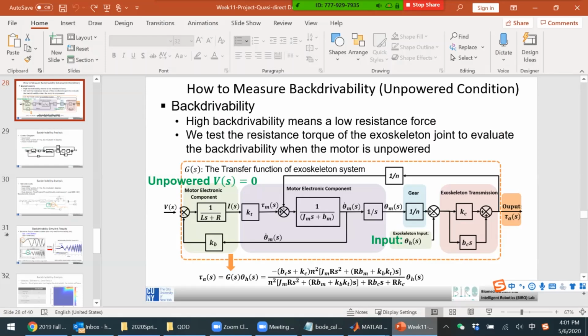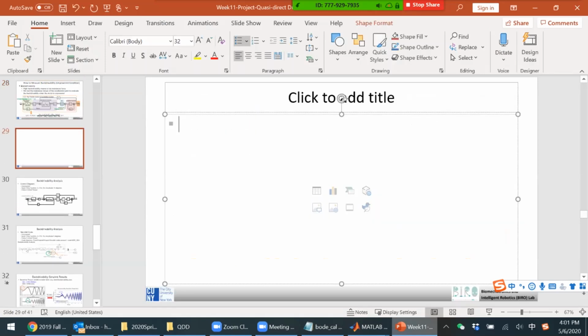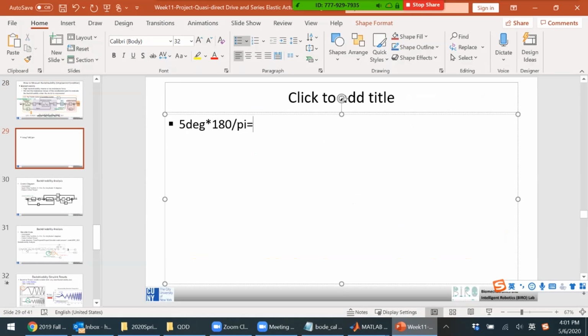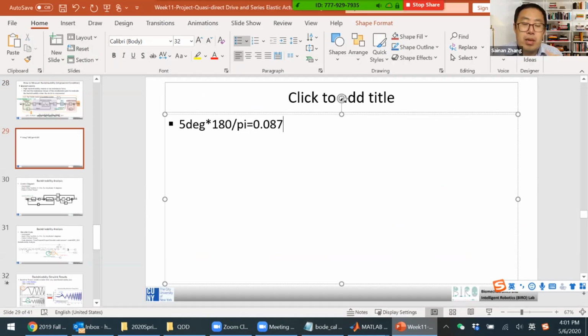Professor, I had a question about the report. It says that you need to derive the bandwidth and the backdrivability. So when you say derive, are you saying that we walk through all the steps, like we start with the control block diagram, everything? Yeah, I think in the presentation I already gave you the answer generally, but I want you to put this down in the report and also in the PowerPoint file.